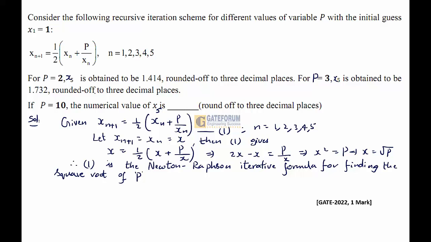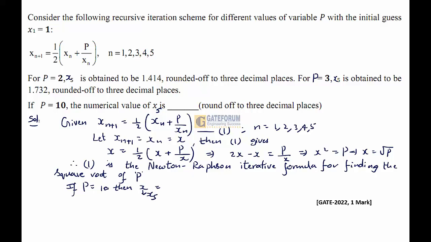Now here they are asking x5 when p is equal to 10. Just see, root 2 value is 1.414, root 3 value is 1.732, like that, because this is square root of p. Root 10 value is 3 point something, you will be getting. If p is equal to 10, then this x is nothing but x5, because they are asking x5.